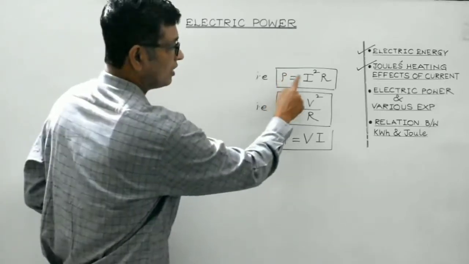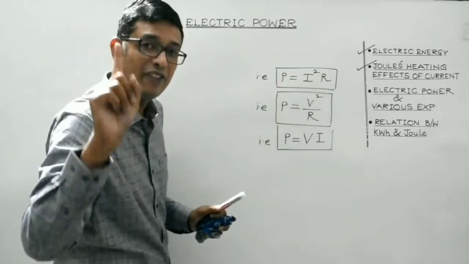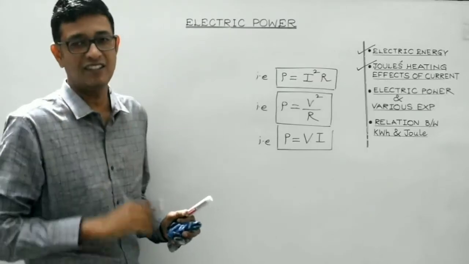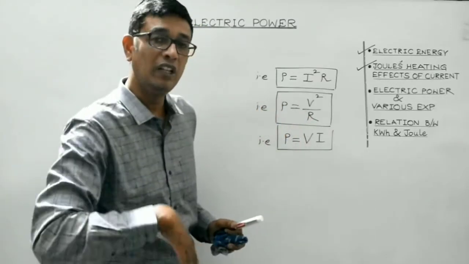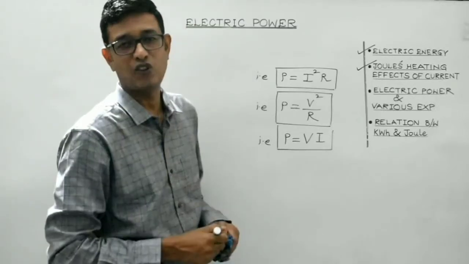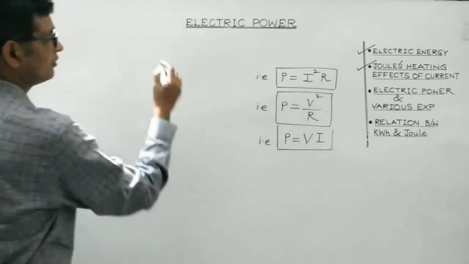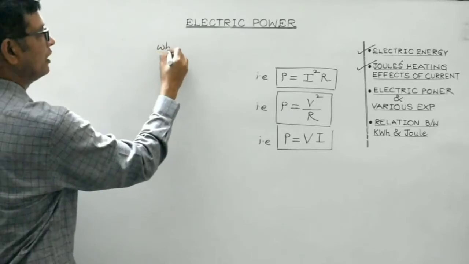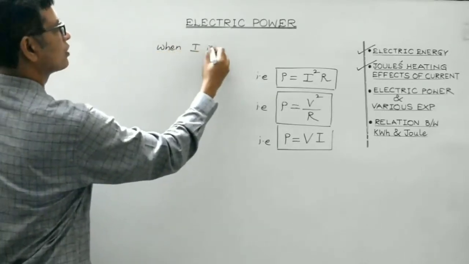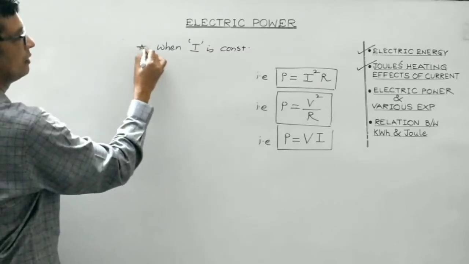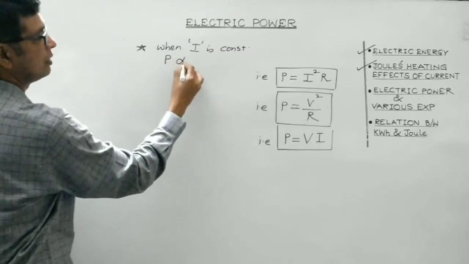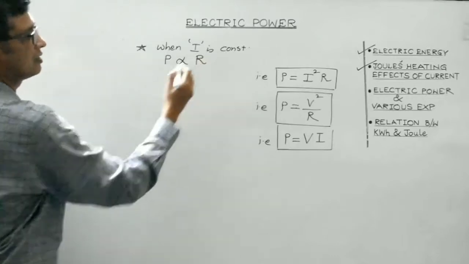Because power is directly proportional to resistance only when current is constant. And power is inversely proportional to the resistance only when potential difference is constant. Isn't it? So therefore, when current is constant, it is only then power is directly proportional to resistance.